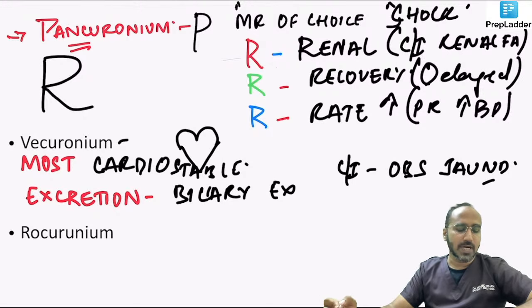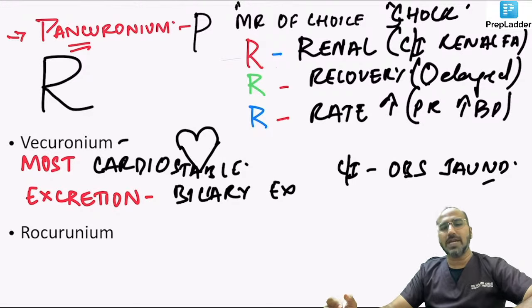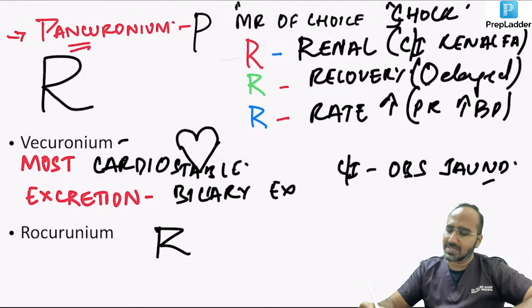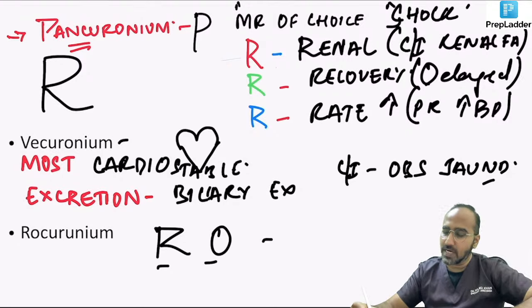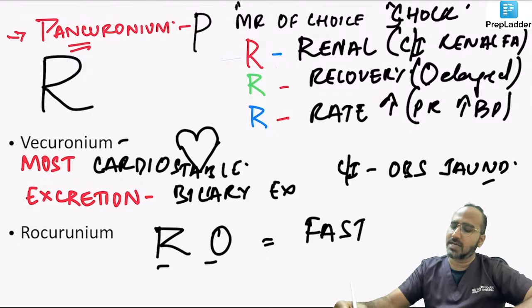Okay. Next is rocuronium. When we are talking about rocuronium, always remember rocuronium is RO, rapid onset. Rapid onset means what? Rocuronium is the fastest acting muscle relaxant.